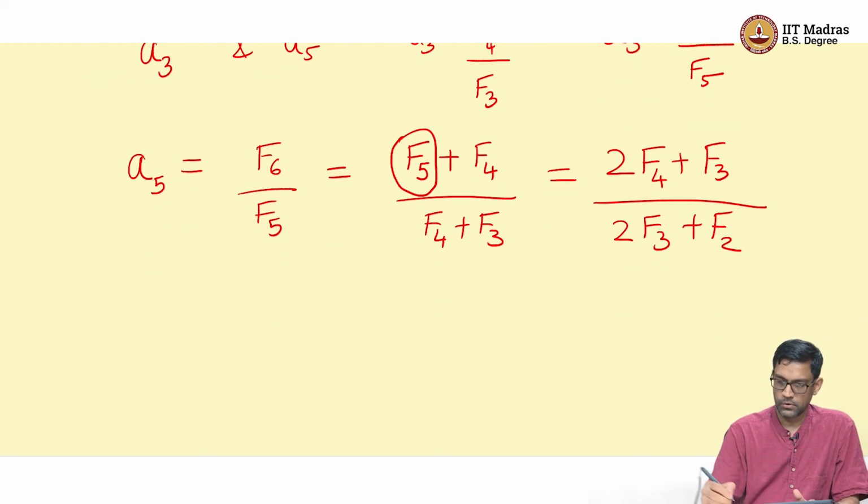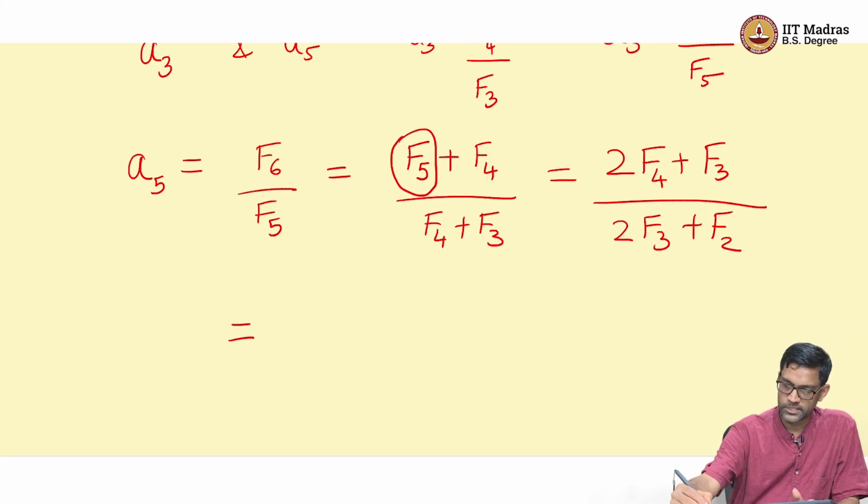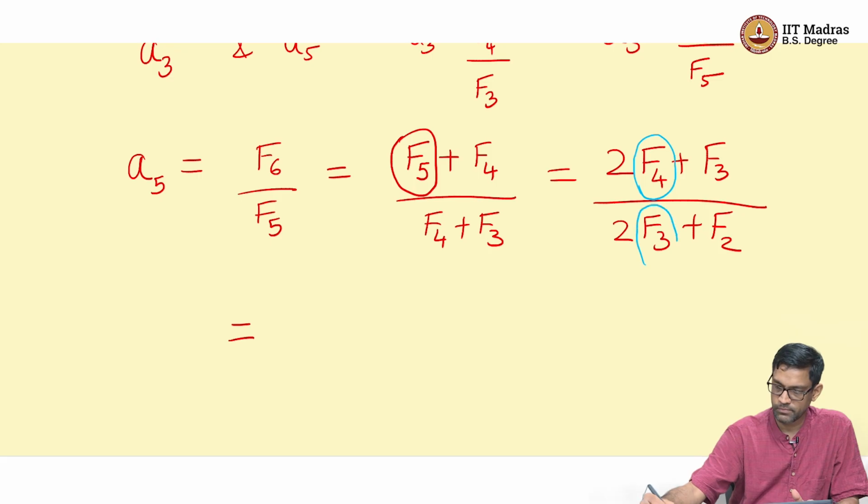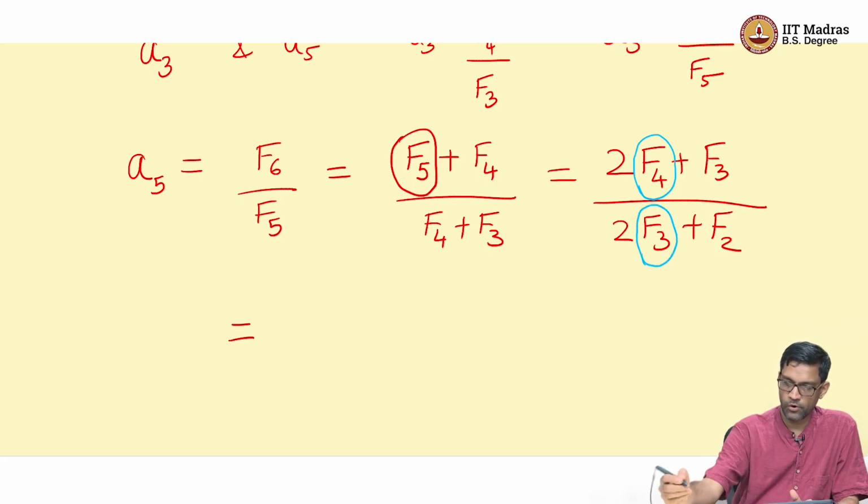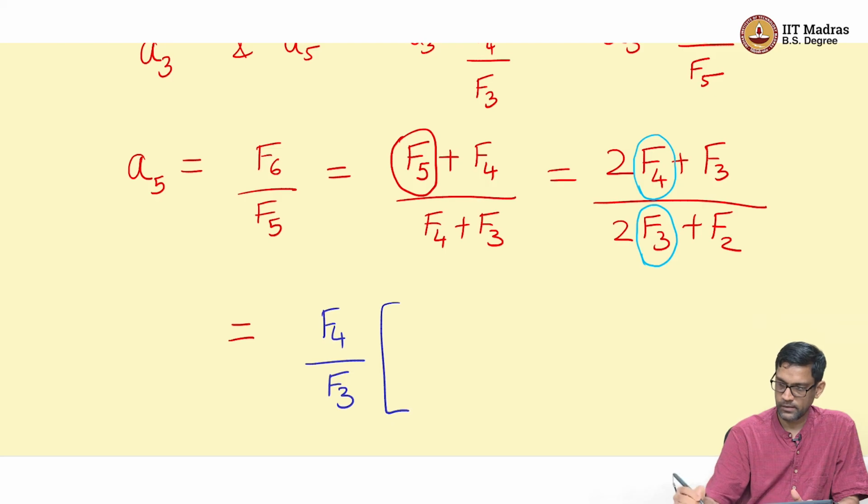Okay, and now notice that this is actually the following. From the numerator I will take out F4, and from the denominator I will pull out an F3. So this is actually F4 by F3 times the following: 2 plus F3 over F4, and 2 plus F2 over F3.